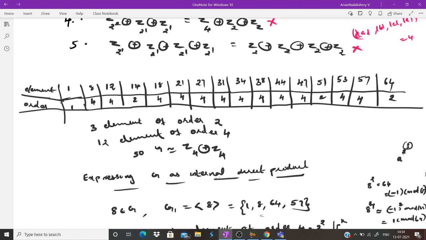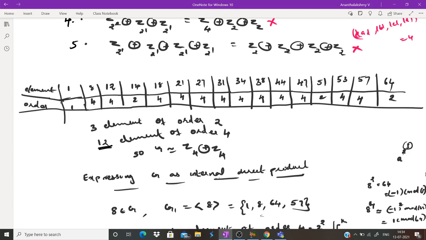You can see that the maximum order of an element is 4, and how many elements are there of order 4? If you count, you get 12 elements of order 4, and how many elements of order 2? There are 3 elements, and one is the identity element of order 1.